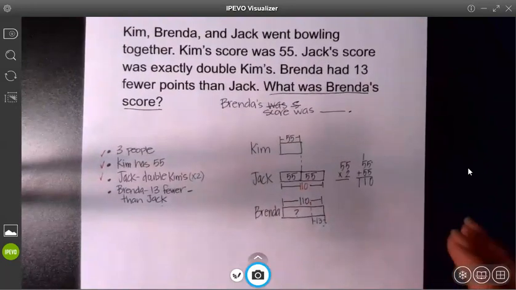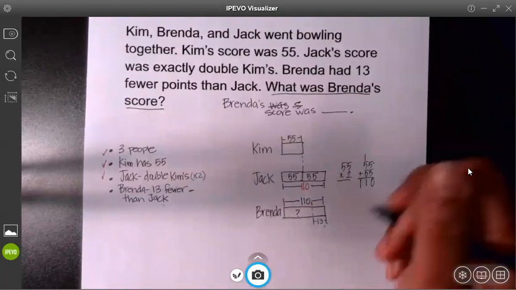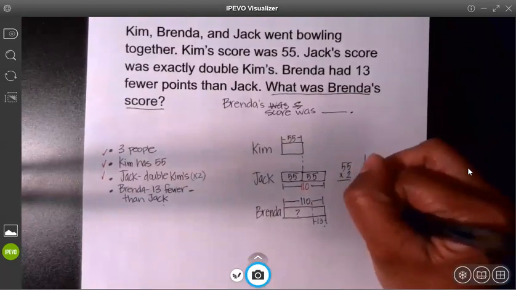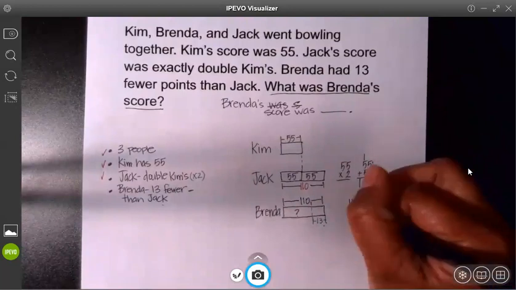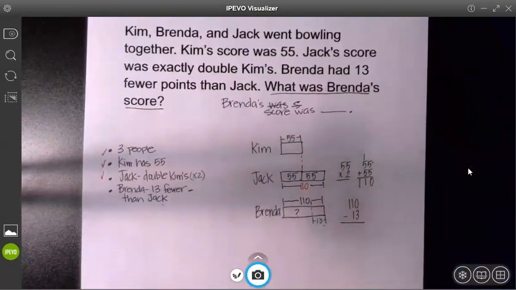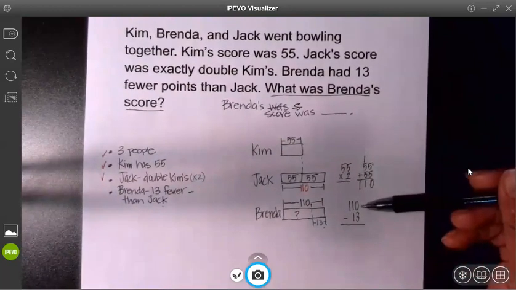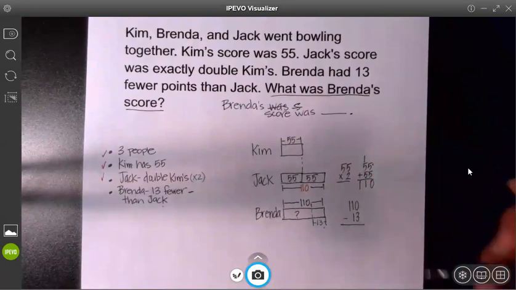You have to subtract. So now we are going to subtract these two numbers. We're going to subtract 110 and 13. So from looking at the subtraction problem, it does look like we are going to have to do some regrouping, because we cannot take 3 ones away from 0 ones. So we are going to have to regroup.